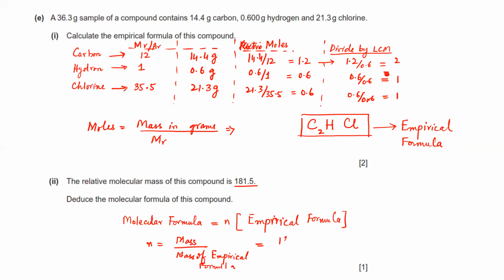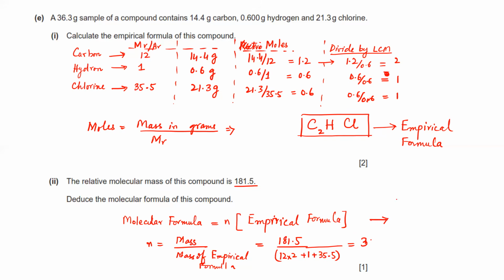The mass is 181.5 and the mass of the empirical formula is 12 into 2 plus 1 plus 35.5. This comes out to be approximately equal to 3.